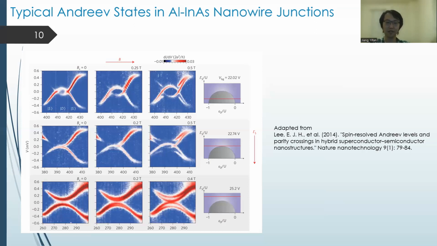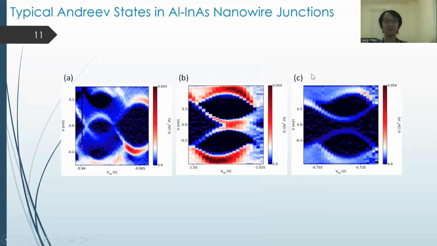So in our device, we have examples of these three regimes. For plot A, we have this loop-like feature for the weakly coupled case, and for plot C, we have the strongly coupled case. And for the case between the strongly coupled and the weakly coupled, which is shown in plot B, you may feel, okay, this is a long zero bias peak presented in this plot.